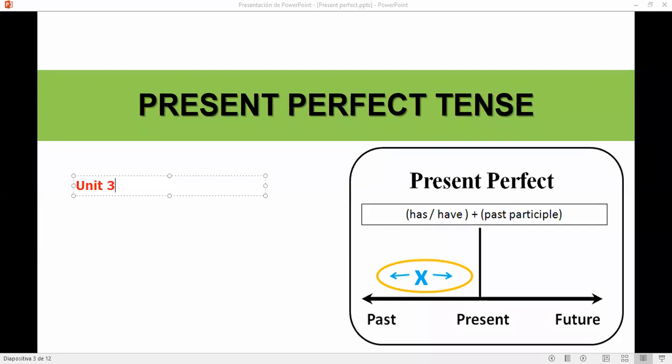Unit number 3, and also the workbook starting from page number 74, okay?